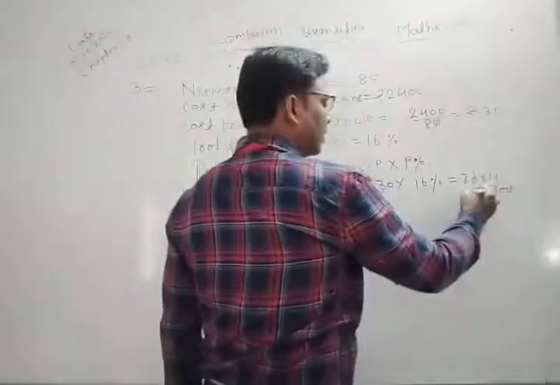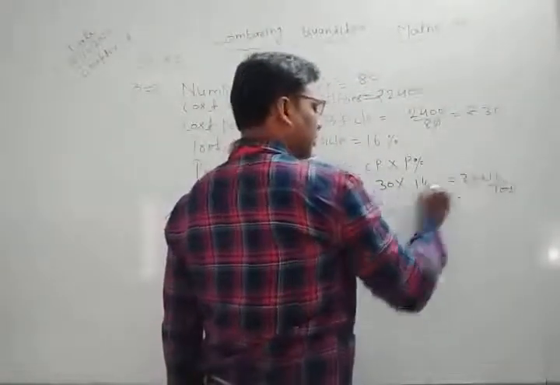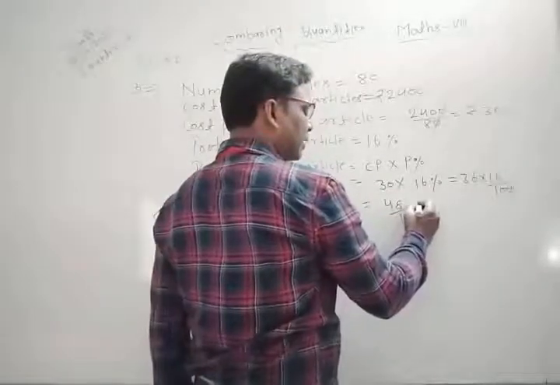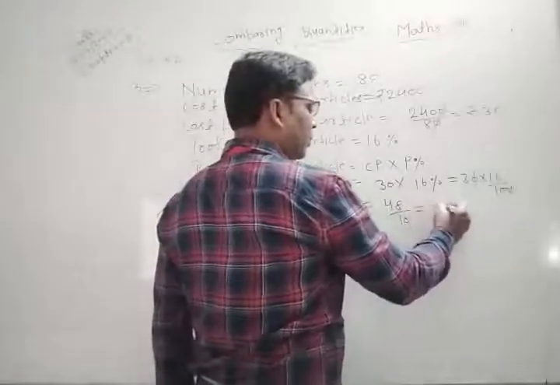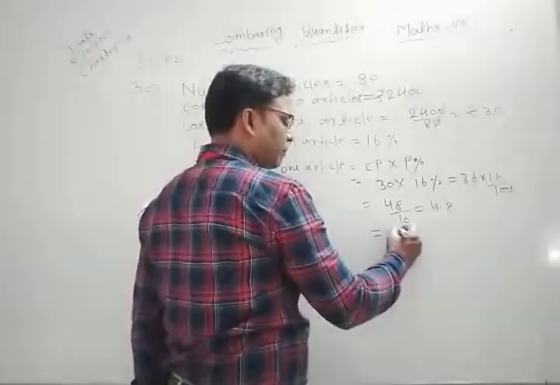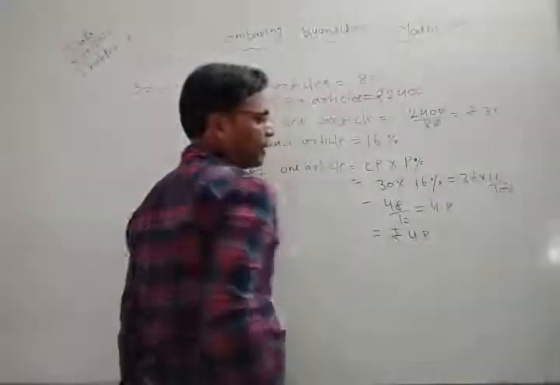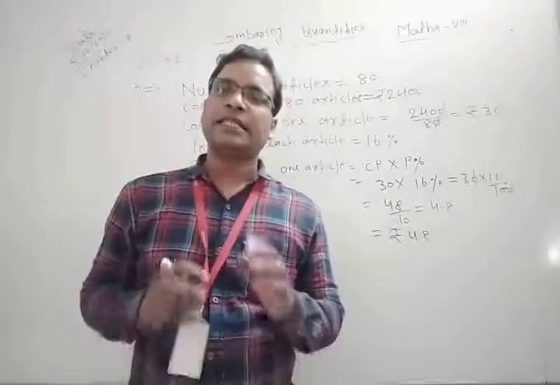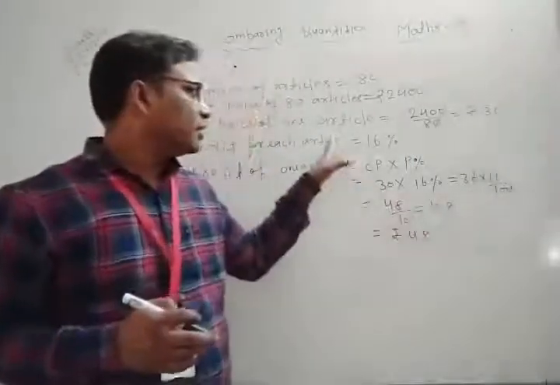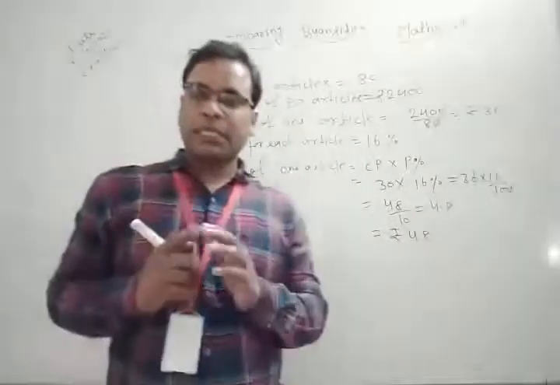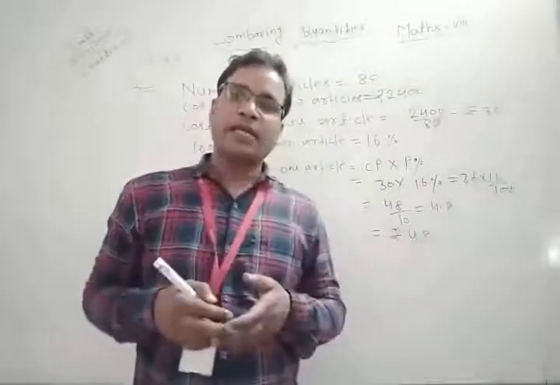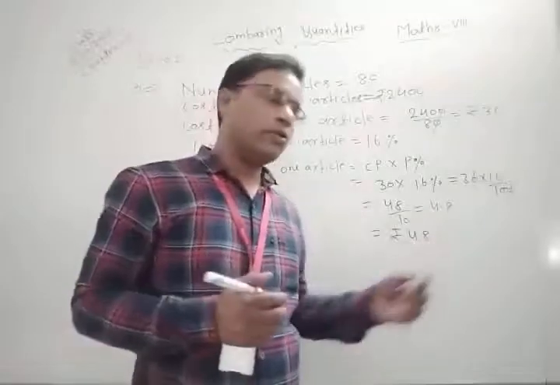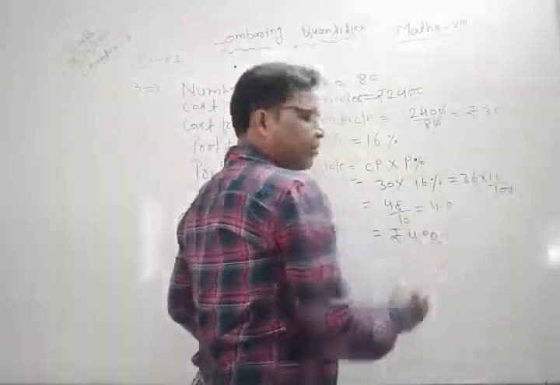Okay, 0 cancel, and if you multiply them, it becomes 48 divided by 10. This is equal to, you can see, 4.8. Profit of one article rupees 4.8. Now we have found the CP of one article, 30 rupees, and also the profit of one article is 4.8 rupees. Okay, we can also write 4.80 rupees.